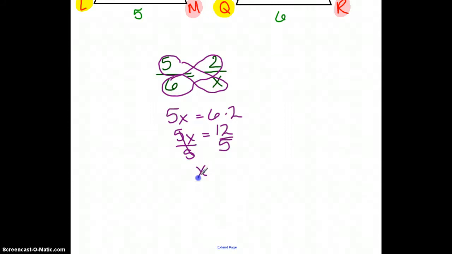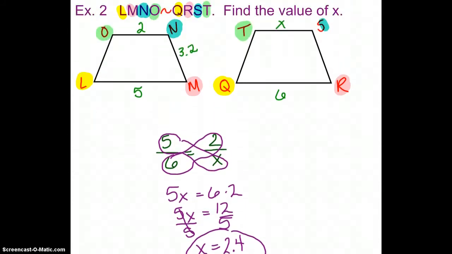I can tell this isn't going to come out evenly, but because of the bottom number, I know it'll come out evenly as a decimal. At least it won't be one of those that repeats over and over again. So x is 2.4. Now, on the picture that I have back up here, it doesn't tell me if these are inches or feet or meters or anything. So the most I can do is say that it's this 2.4.